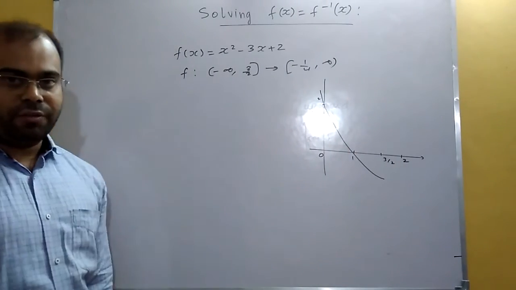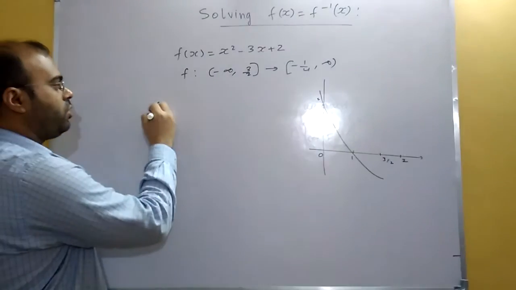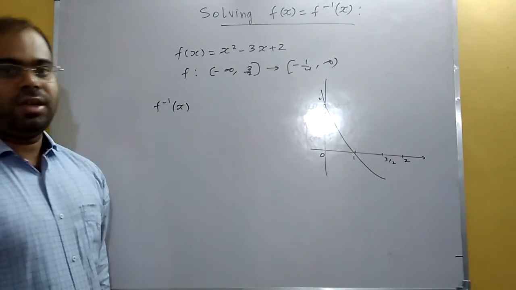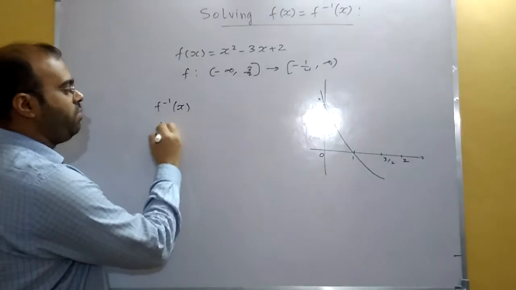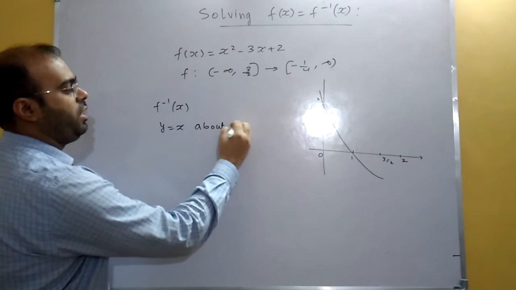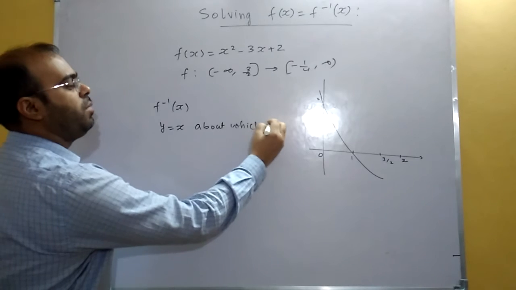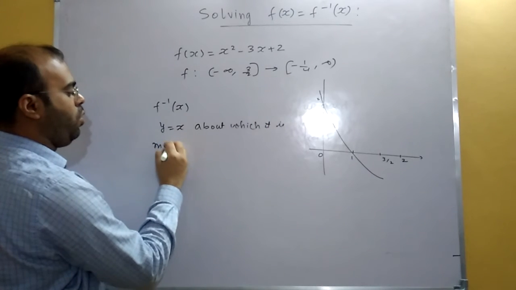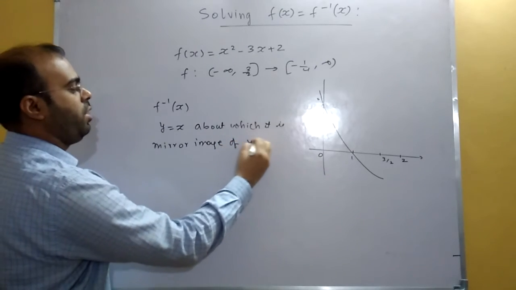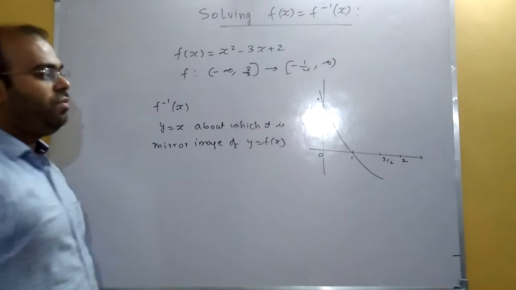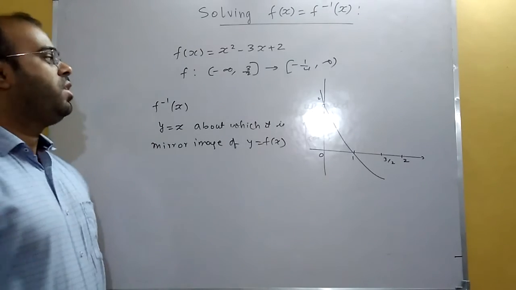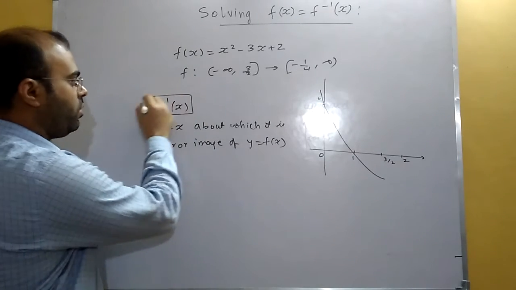Now one thing to keep in mind is that the inverse of this function exists, and basically there is a line y equal to x about which it is the mirror image of y equal to f(x). So if this is the graph of f(x), then what will be the graph of f inverse(x)?